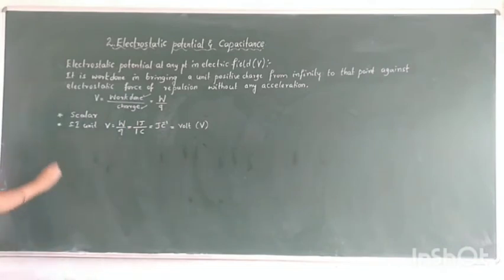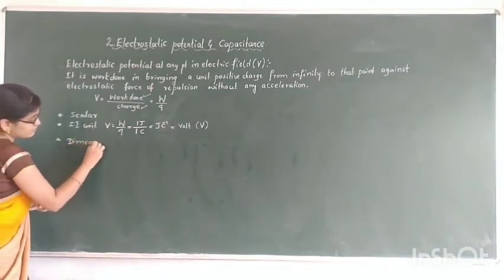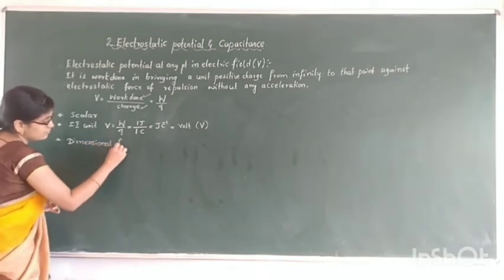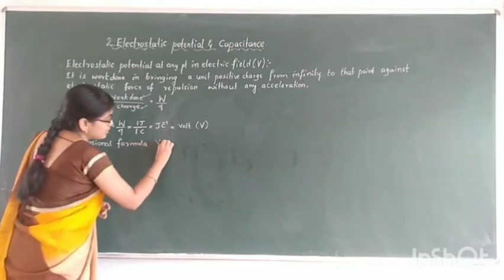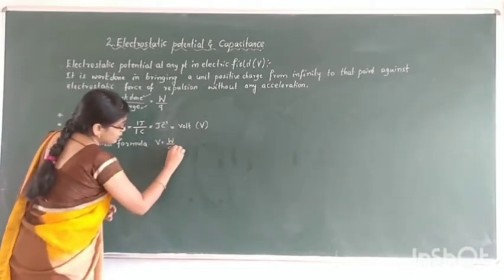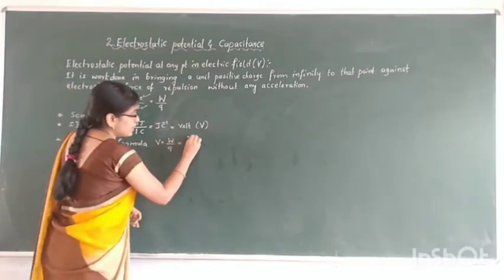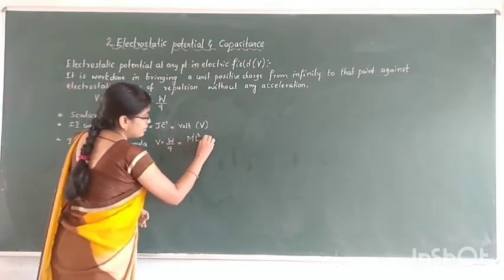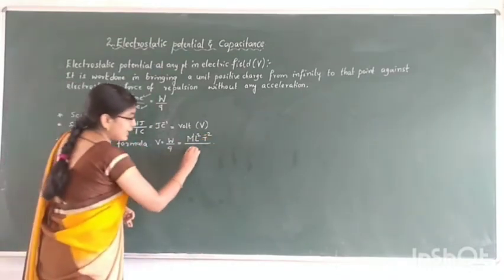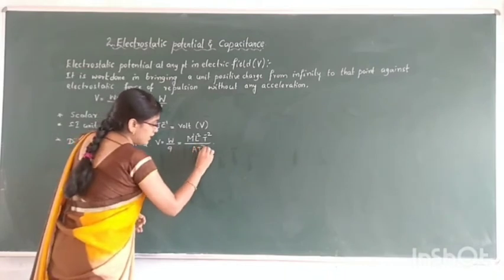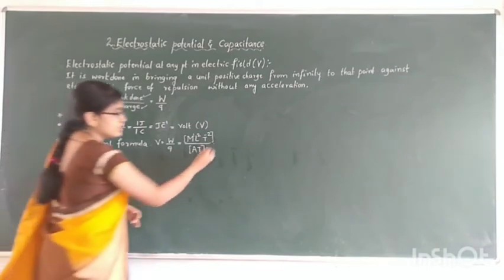Next, the dimensional formula. V equals W by Q. The dimensional formula of work done is M raised to 1, L raised to 2 and T raised to minus 2, divided by the dimensional formula of electric charge, which is AT.